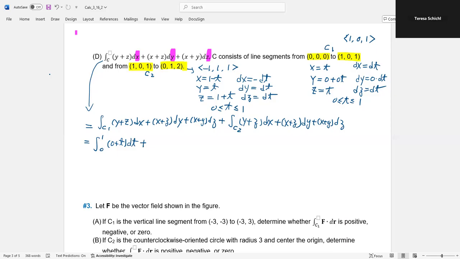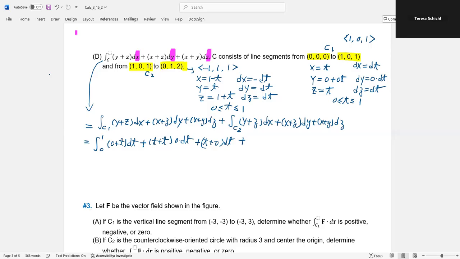So it's t plus t. Then the dy is what? It is 0 times dt. So this term basically is gone. So x plus y, so it's t plus 0. Then dz is what? dt. Right?